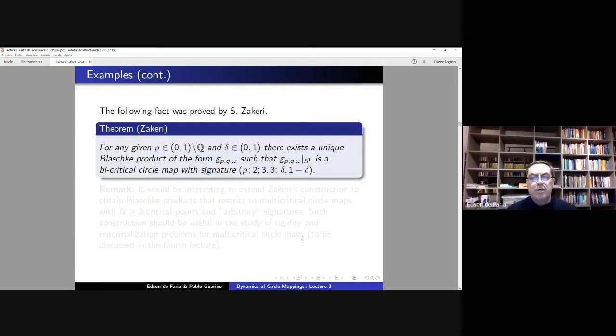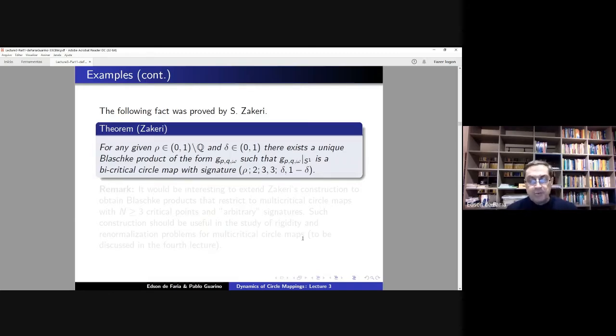Saeed Zakeri showed that essentially every signature of the type that you see here, any rotation number rho, 2 is the number of critical points, 3 and 3 indicate the degrees of these critical points, so they're both cubic, and delta can be prescribed arbitrarily between 0 and 1. What is delta? Delta is the measure of one of the arcs joining these two critical points, and 1 minus delta is the measure of the complementary arc, okay?